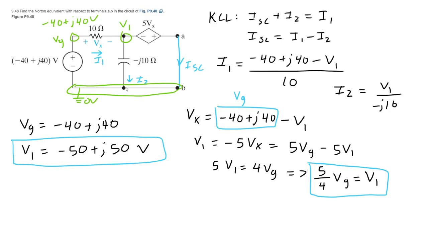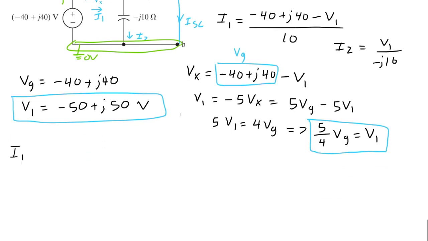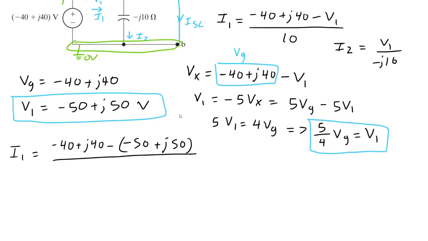We can find I1 now because we got the voltage drop across that resistor, and use that, in concert with the voltage V1, to find out what I2 is, and then subtract to find I short circuit. So I1 is going to be minus 40 plus j40 minus 50 plus j50 divided by the impedance, which is 10 ohms.